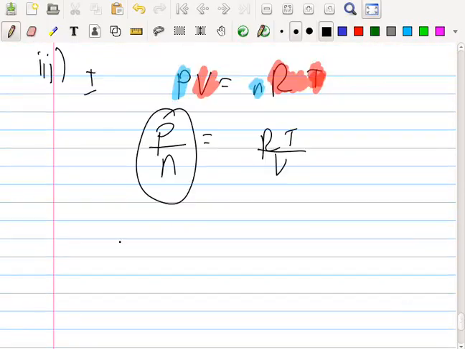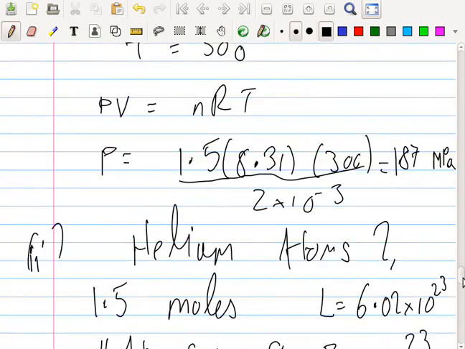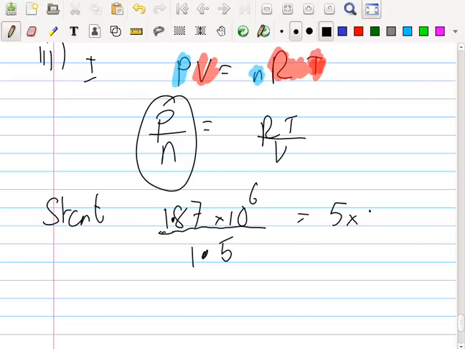At the start, what's the pressure? That was our answer from earlier, 1.87 megapascals. And what's the n? It's 1.5 moles. Now that's constant, so that should equal the P over the n at the end. What's the P at the end? It's 5 times 10 to the 5.